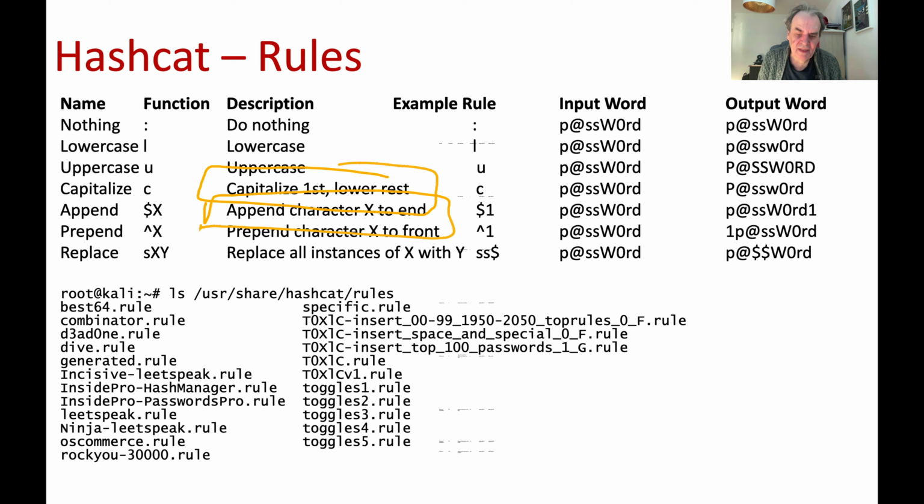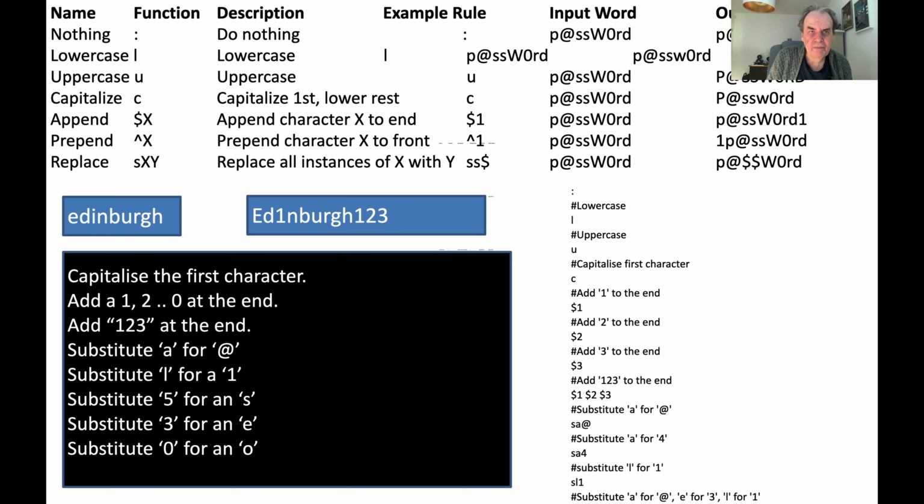And these can be added, and there are standard rules that we can apply. A common rule that we have is to change an A for an at, an L for a 1, 5 for an S, and so on. Again, this is one of the standard rule sets that we can have to implement that.